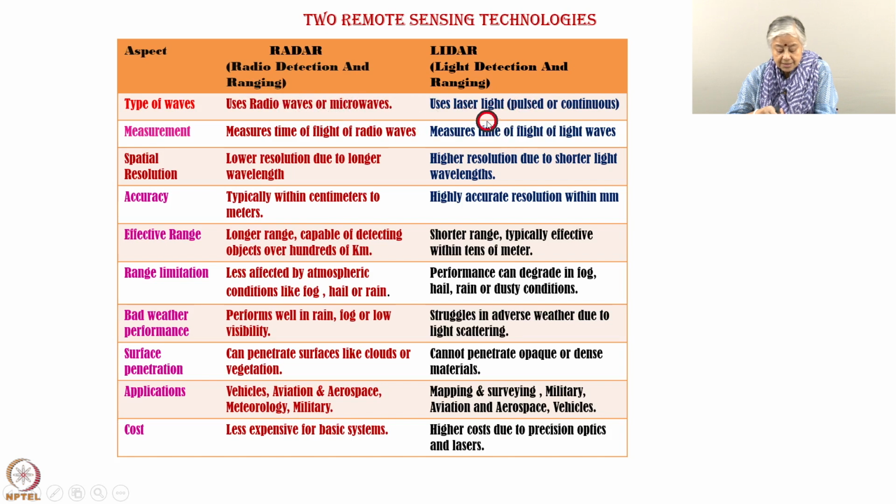And here I say light. What I have said in the previous lecture is that generally we would like to use pulsed light, but here I also write down continuous wave for LiDARs, because sometimes you may not be interested just in the time of flight.